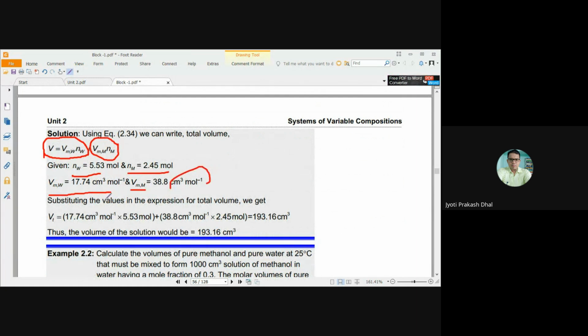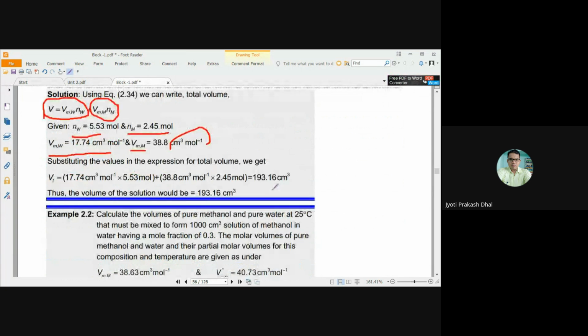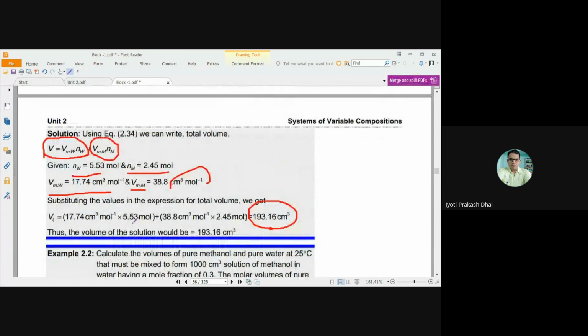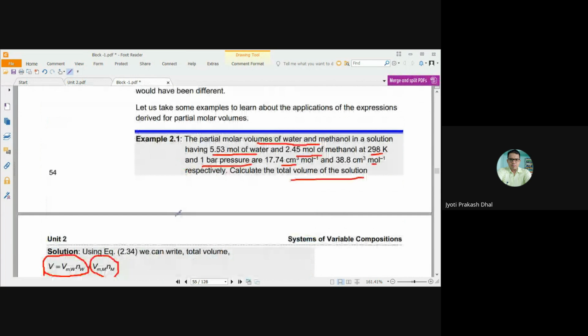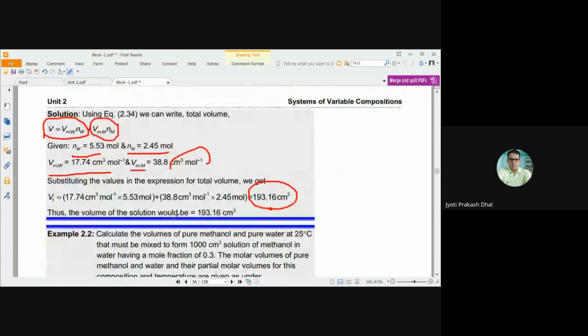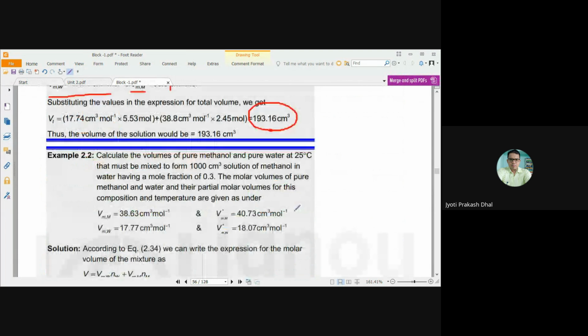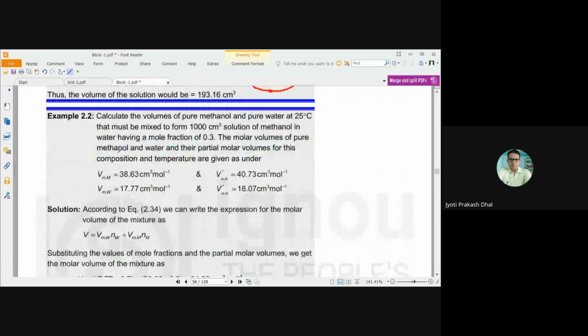By substituting these values, the total volume of the solution will become 193.16 ml. So the total volume will not become 100 ml or 200 ml, it will become 193.16 ml.